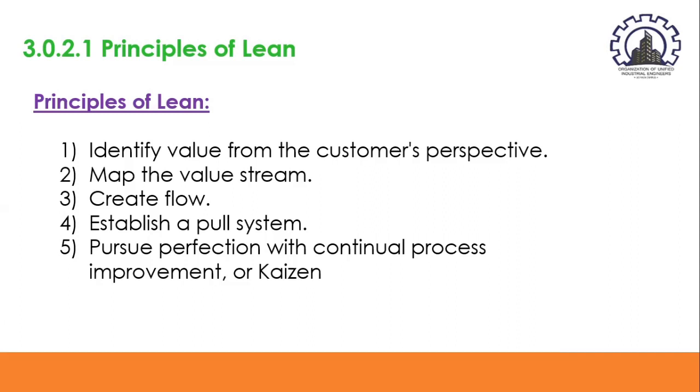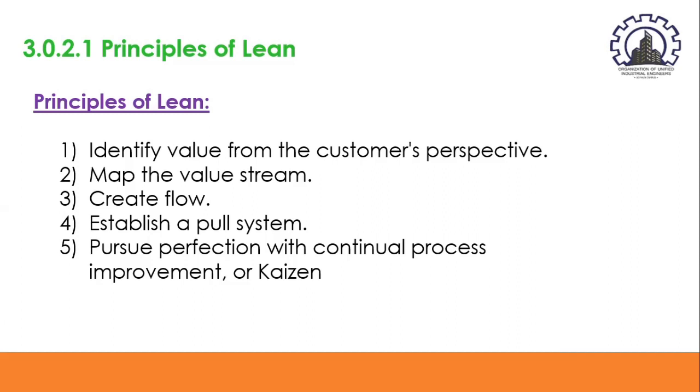But it is defined by the customer. Therefore, companies need to understand the value the customer places on their products and services, which in turn can help them determine how much money the customer is willing to pay. And the second principle of lean is map the value stream.